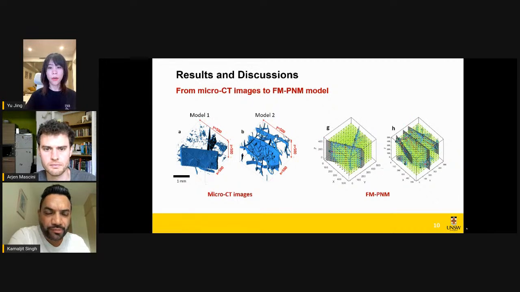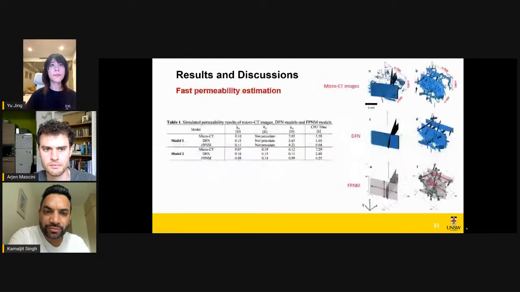As you can see, the models capture the fracture network connectivity quite accurately. So this model can be used to get permeability estimates efficiently and accurately.